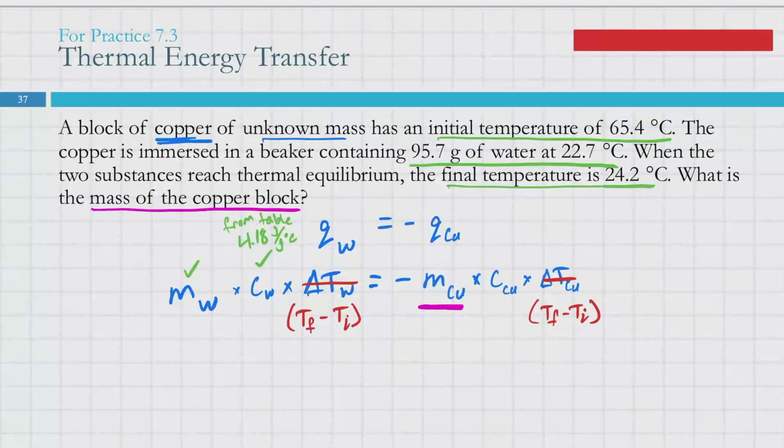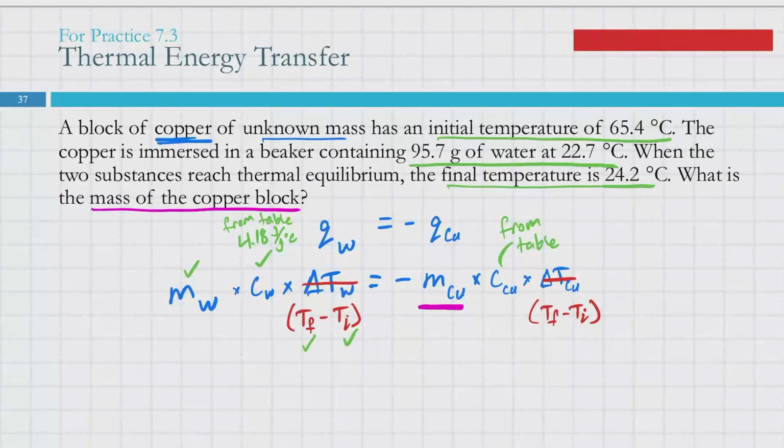We'd get that from a table. Do we have our final and initial temperatures of water? Yes. We don't have the mass of the copper because that's what we were asked to find. Do we have c copper? We don't, but we can get it from a table.